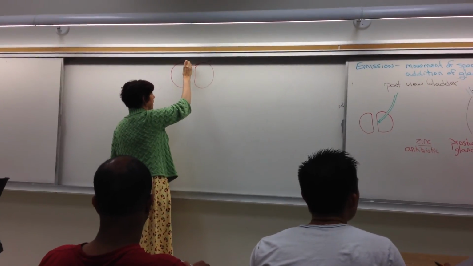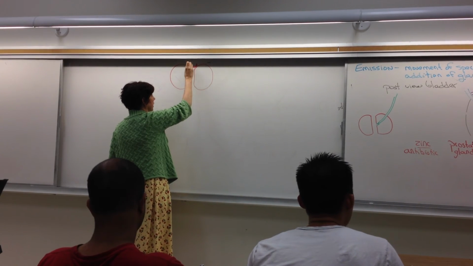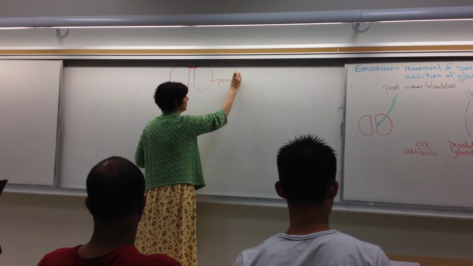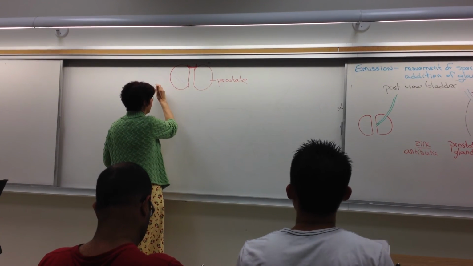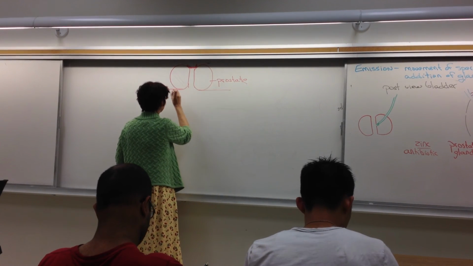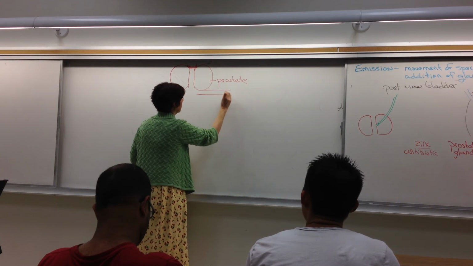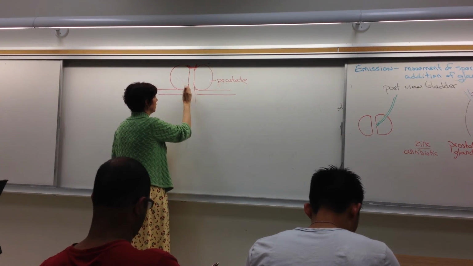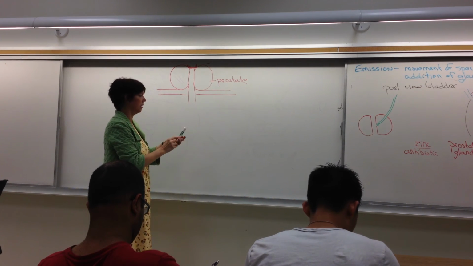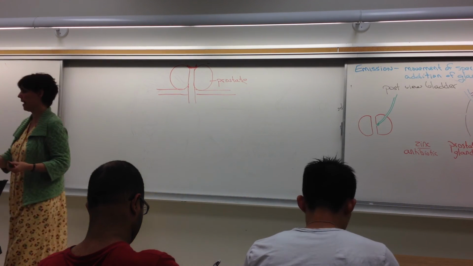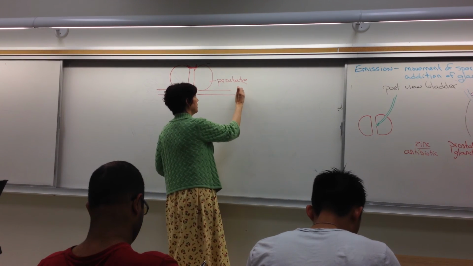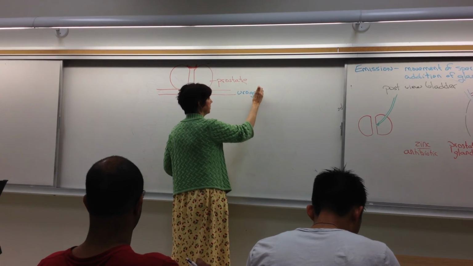So this would be the internal sphincter of the bladder. And our external sphincter now is inferior to the prostate gland. Remember the urogenital diaphragm that we had.